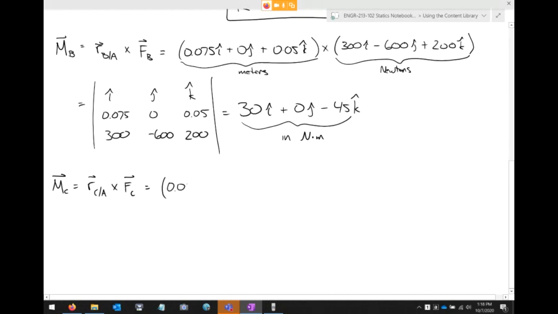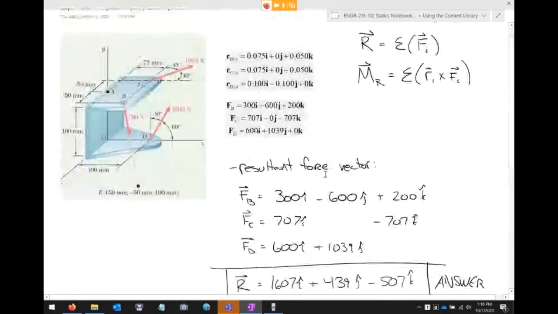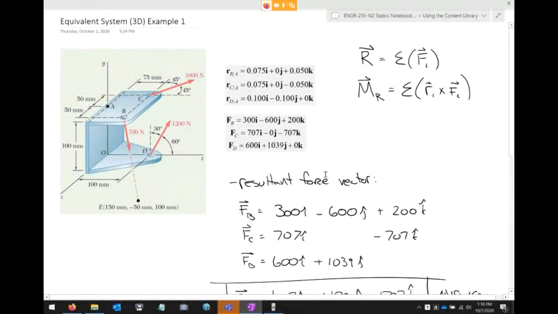So 0.075i plus j, but this one is minus 0.05k, and then crossed with the force vector, which is 707i plus 0j minus 707k. I want to see if you all can do this one for me. Just so everybody's clear, all I'm doing is taking the force vector and the associated position vector and just doing a cross product.